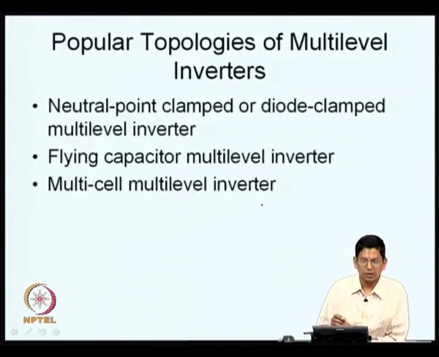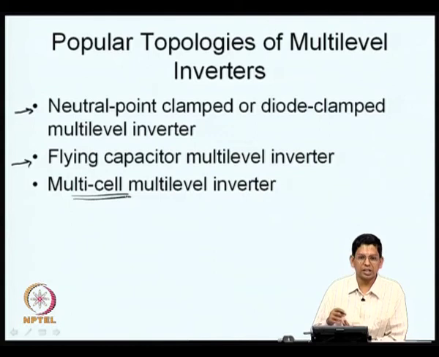To quickly summarize, this neutral point clamp or diode clamp multi-level inverter is what we have been discussing extensively and what we will use in this course. We also discussed the flying capacitor. The multi-cell is about using two single phase inverters for one leg. A single phase inverter can produce an output voltage equal to 0, the input voltage, or the negative of the input voltage.